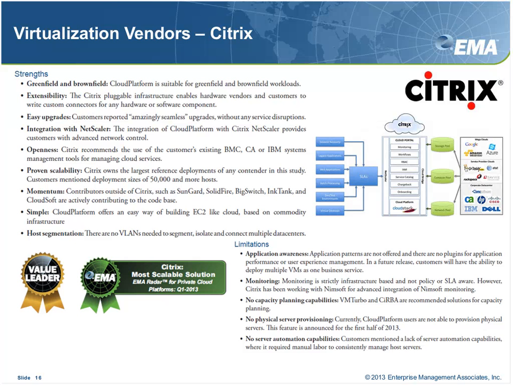Another notable strong point of Citrix Cloud Platform is its pluggable infrastructure, where you can very easily integrate your existing data center hardware and software. So this whole concept of avoiding silos is very well addressed within Citrix Cloud Platform.